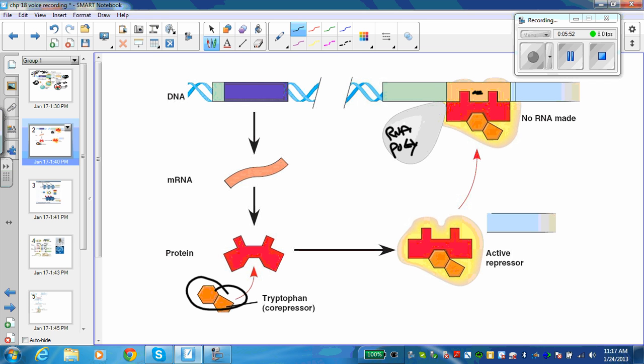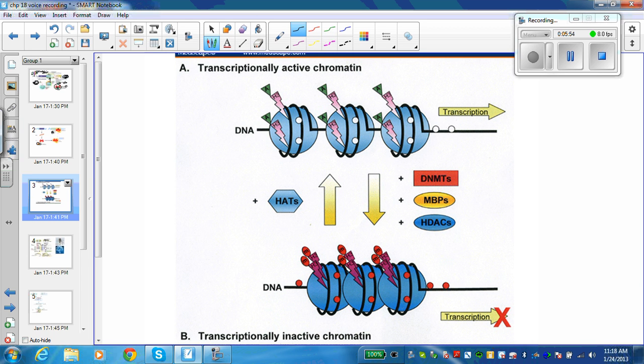All right, let's move on to histone acetylation, and then the methylation of the DNA. Another way to control whether or not, especially in eukaryotes, mRNA is going to be made.